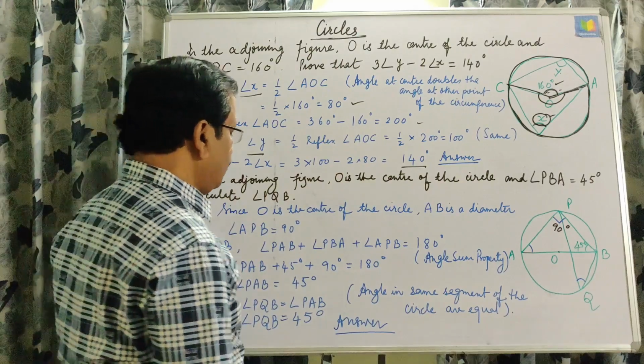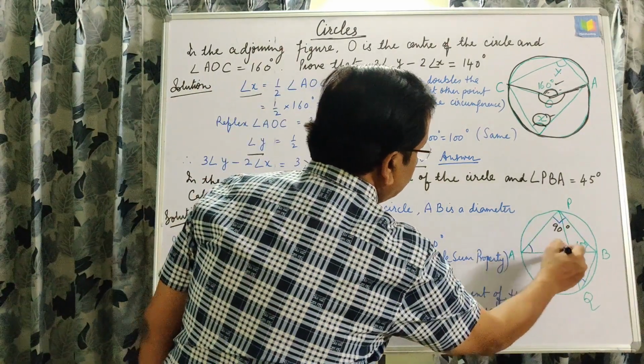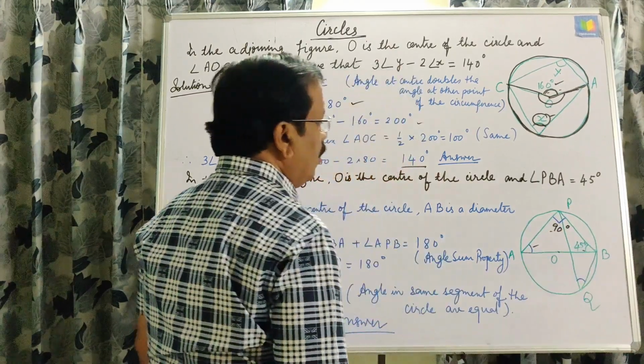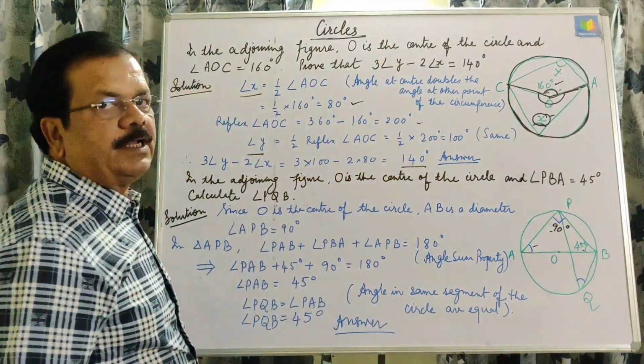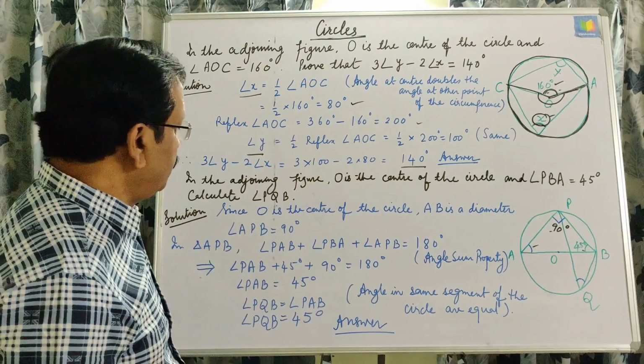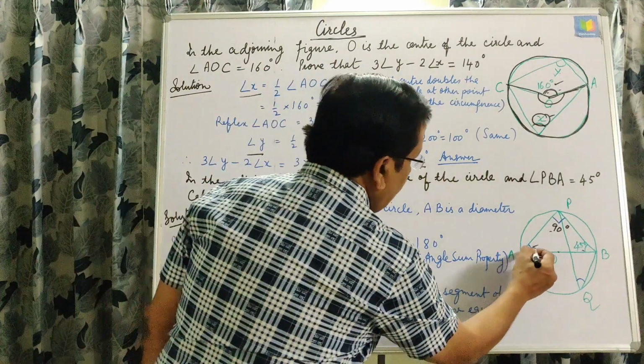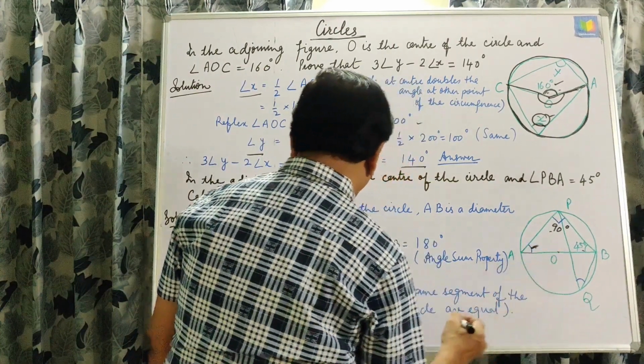And from this figure, in this triangle, the sum of all these three angles is equal to 180 degrees by the angle sum property, and that is why we are getting angle PAB.